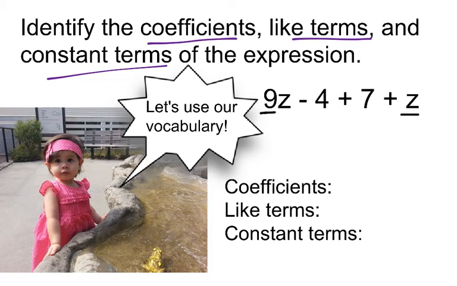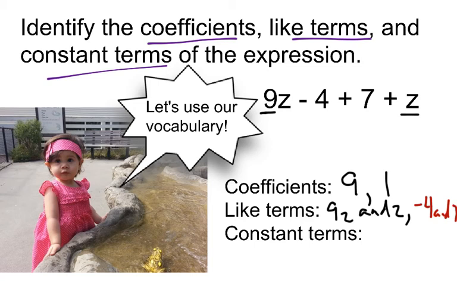I do need to make sure that I put that 1 there. So my coefficients are 9 and 1, and they're both positive. My like terms, well, I have 9z and z. My other like terms are negative 4 and 7.